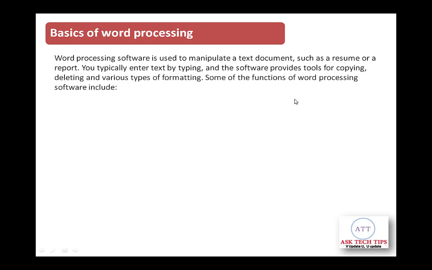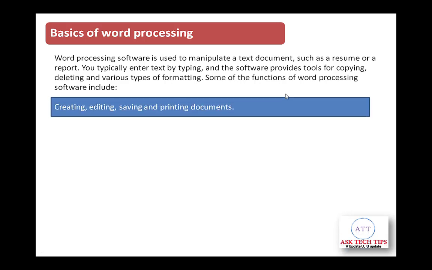Some of the functions we can see here one by one: creating, editing, saving and printing documents. In the next session I will show the practical way of how to create and edit documents. For now, we should just have a rough idea of what we can do with the basics of word processing.